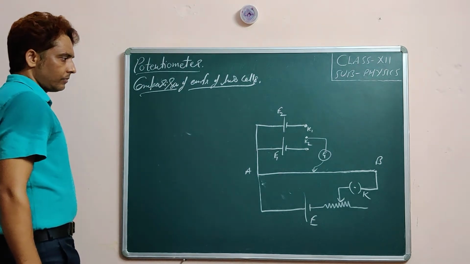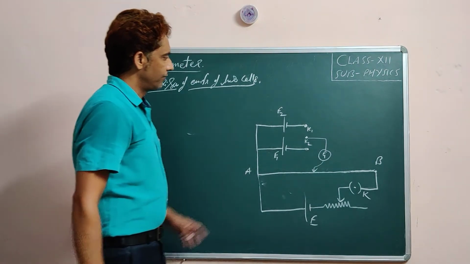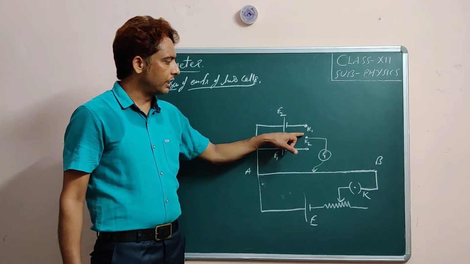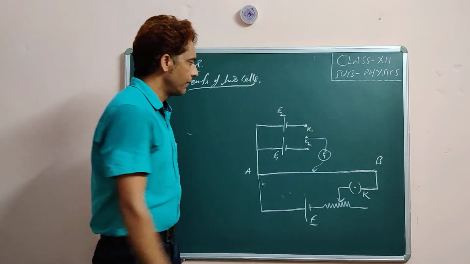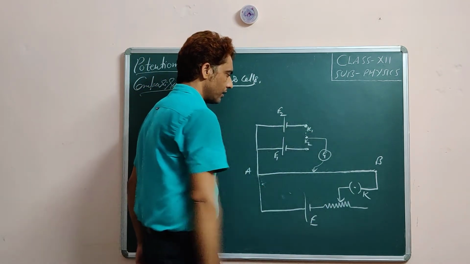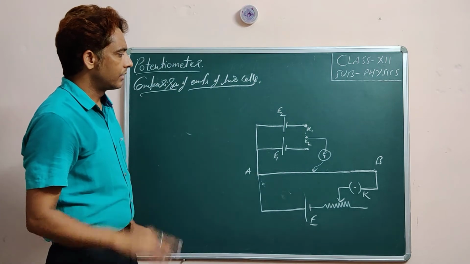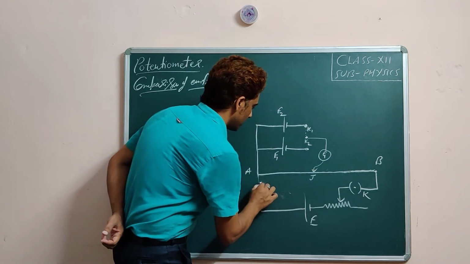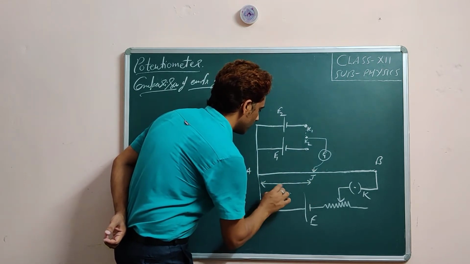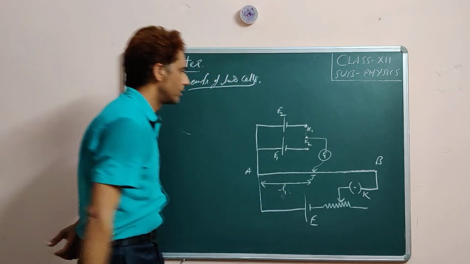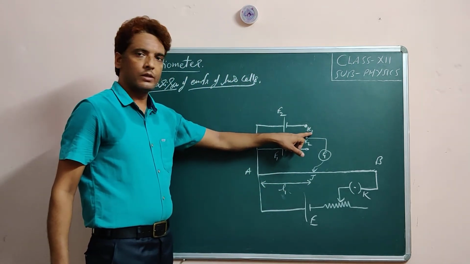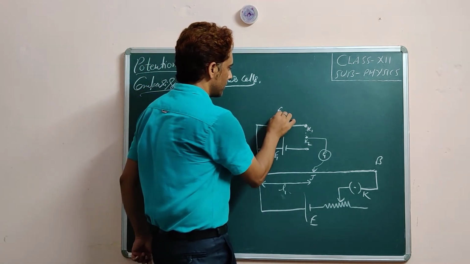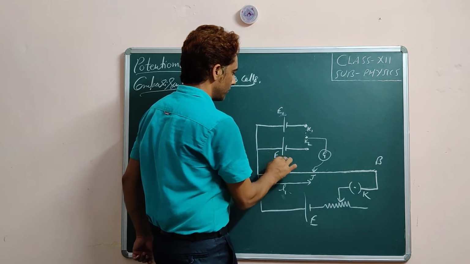First, the key is already closed, and if I close key K1, let the null point be obtained at point J, and let this length be L1.